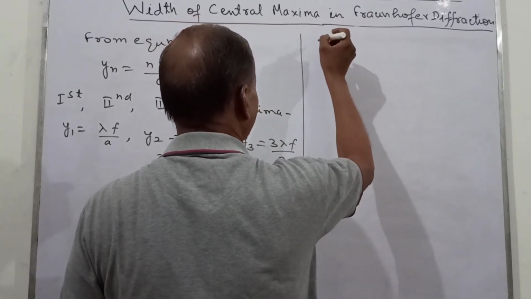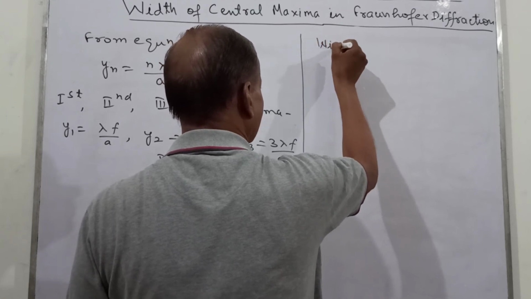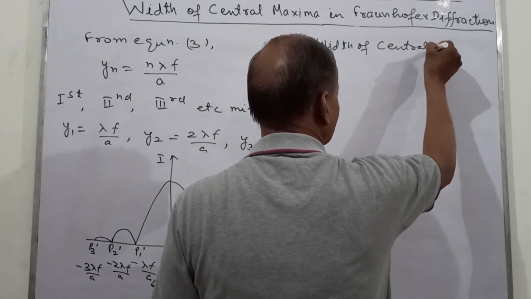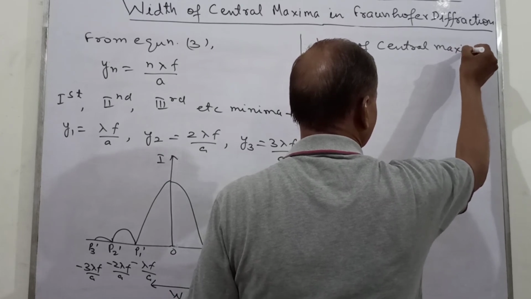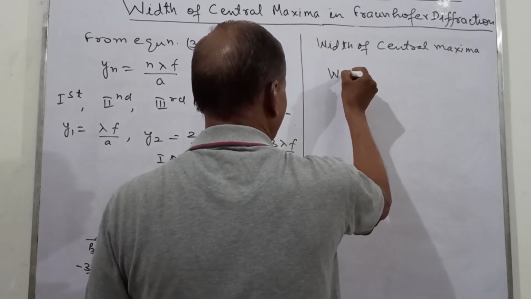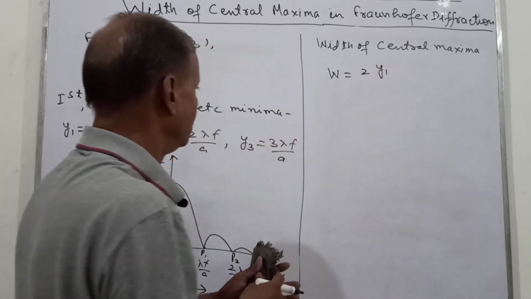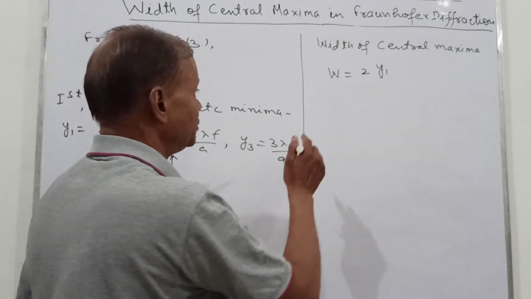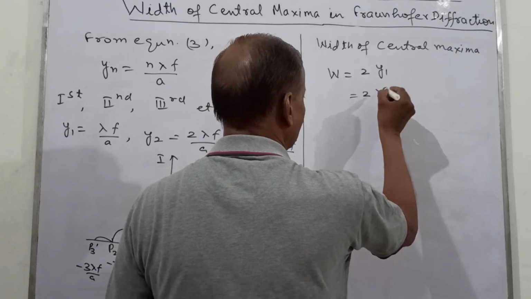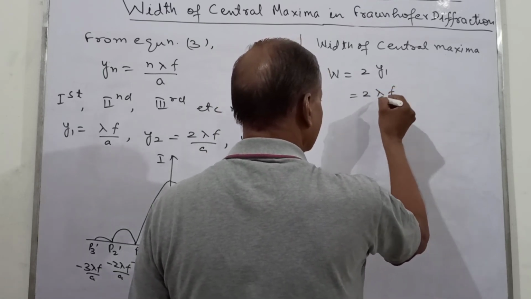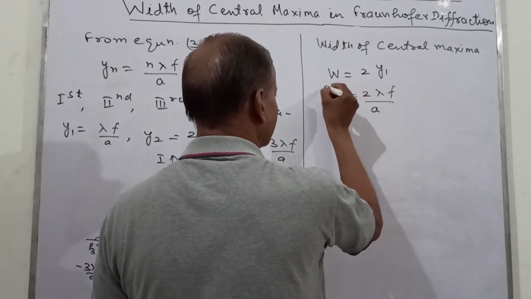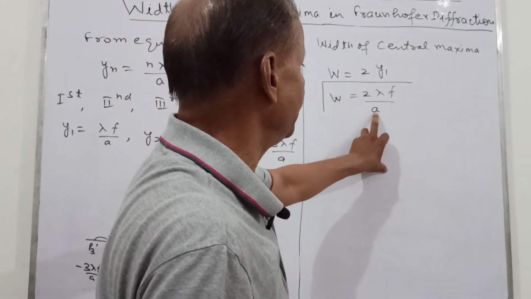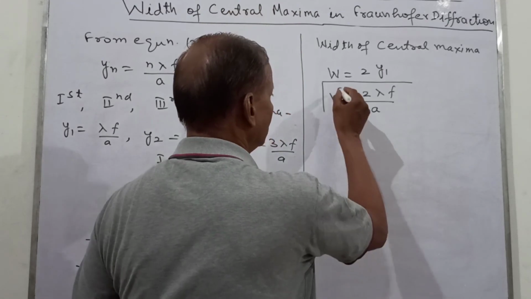So the width of the central maximum, W, is equal to 2 y_1. Just double it, so you will get 2 lambda F upon A. Since F is taken in centimeter, and lambda and A are also in centimeter, this W will come out in centimeter.